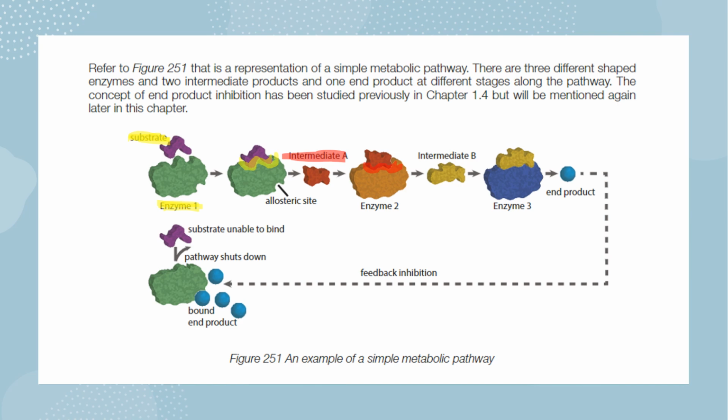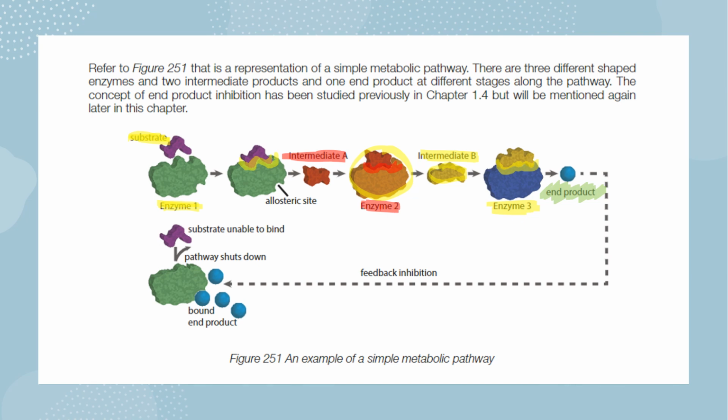So intermediate A can only be catalyzed by this specific enzyme here, enzyme 2, which then makes a second intermediate B. All right, so intermediate B is the product from intermediate A and enzyme 2 reacting. It makes intermediate B, which then here undergoes a final reaction with enzyme 3, making our intended final or end product for this specific metabolic pathway.